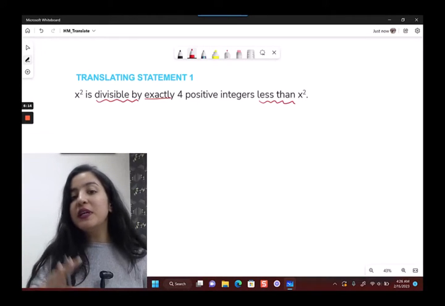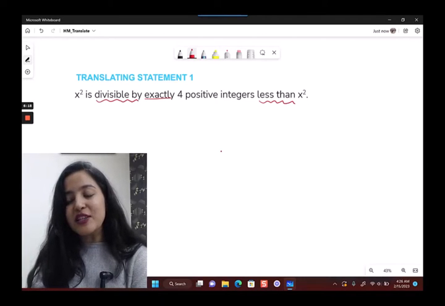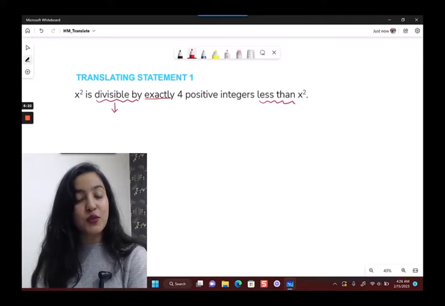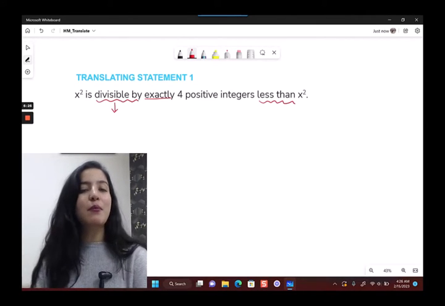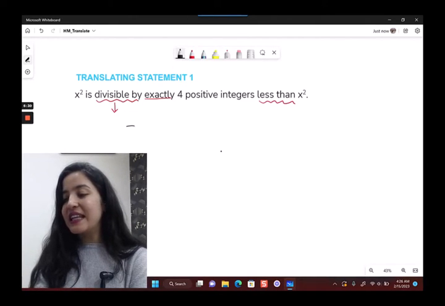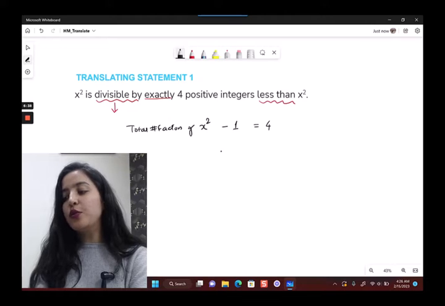So your number is divisible by its divisors or its factors. That's what divisible means. So even when I'm talking about divisible by, I'm still talking about factors only. So this statement gives you information about the total number of factors of x squared. So this says that the total number of factors of x squared minus 1 is equal to 4.